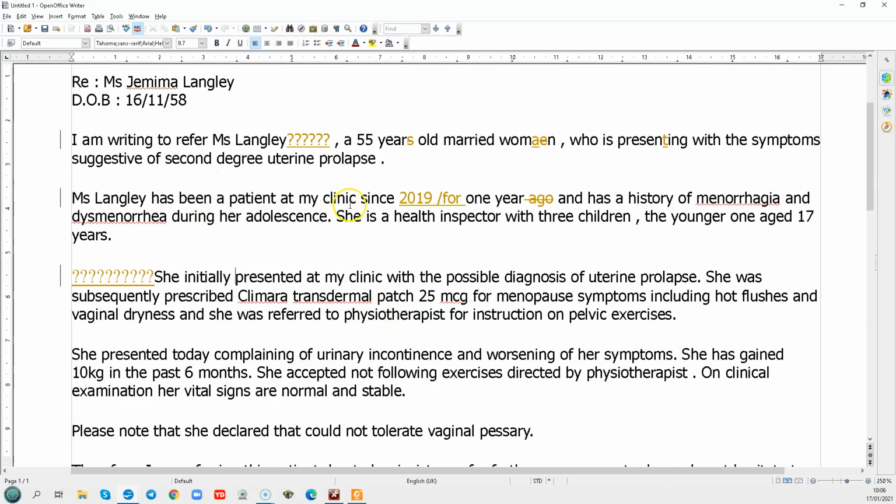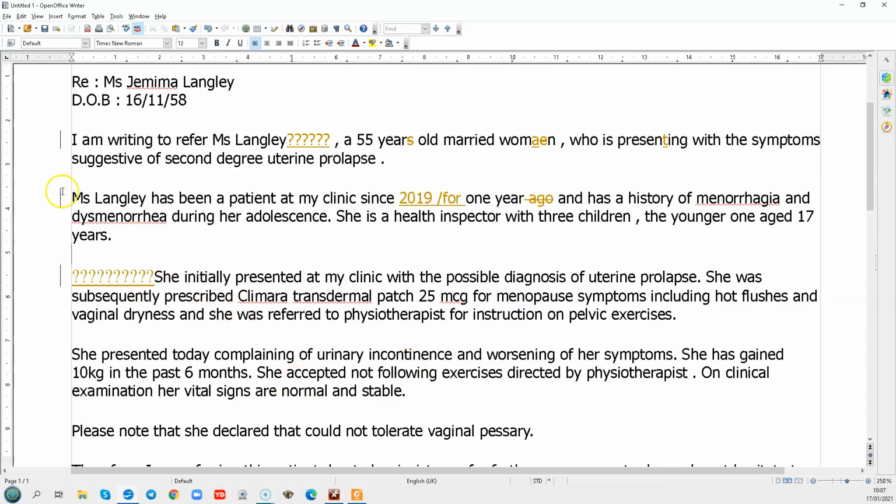Or did she initially present to you a year ago and this has been going on for some time? So if you put a date here, it's going to clear up this confusion. I suppose you mean that she came with this particular complaint and this is what you're talking about, but still, to make it clear, put a date.